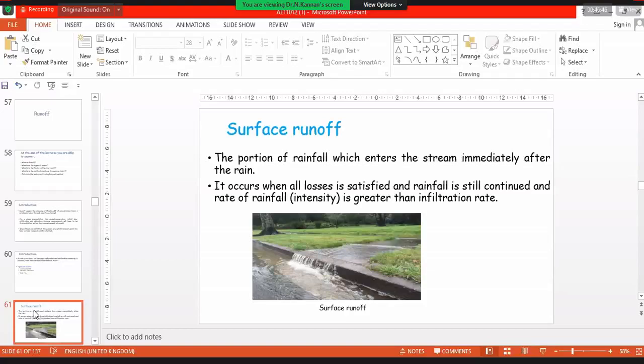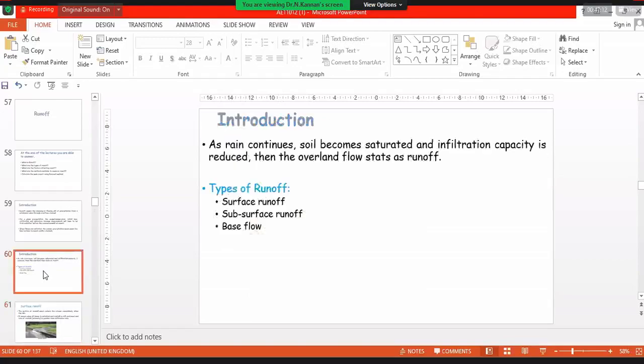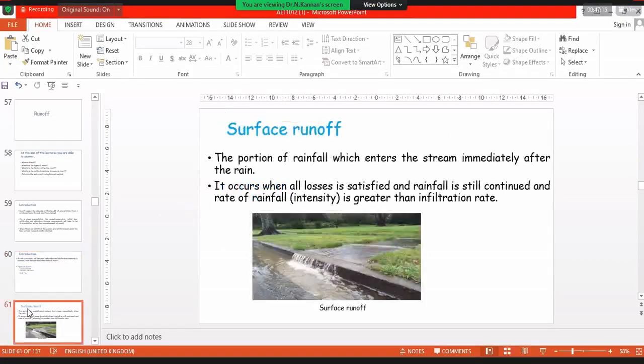It occurs when all losses are satisfied, rainfall is still continuing, and the rate of rainfall is greater than the infiltration rate. You got the point? I have already discussed all these. This is the first type. What is that? Surface runoff, right? Please make a note on this because we have already discussed this one.